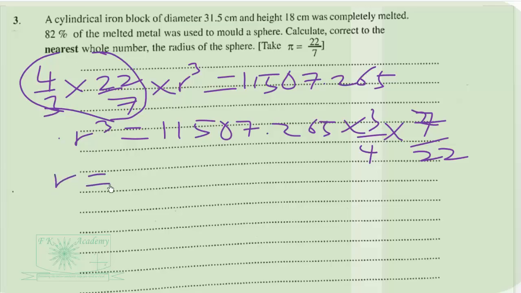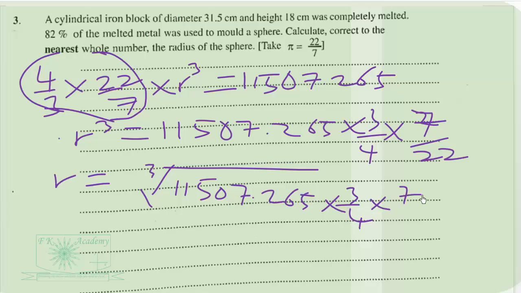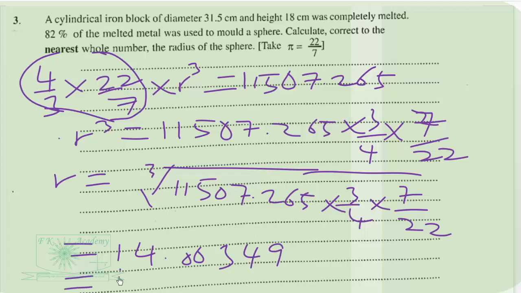So r will be equal to the cube root of 11507.265 times 3 over 4 times 7 over 22. And this will be equal to 14.00349. And that will give us 14 centimeters to the nearest whole number.